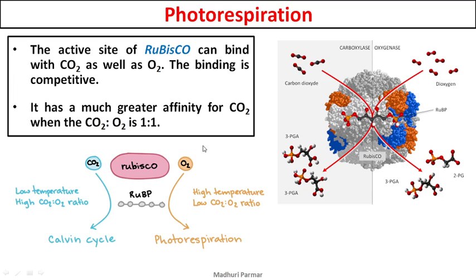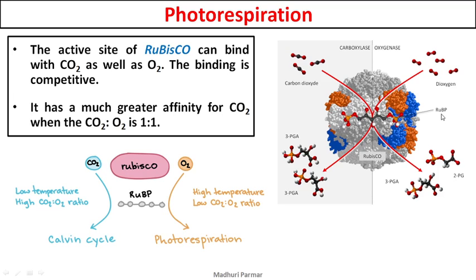But when there is high temperature and there is low carbon dioxide or high oxygen, in such cases Rubisco will use oxygen. It will bind to the RuBP, and this is called photorespiration. Clear? In case of carbon dioxide, the products are 2 molecules of 3-phosphoglycerate.